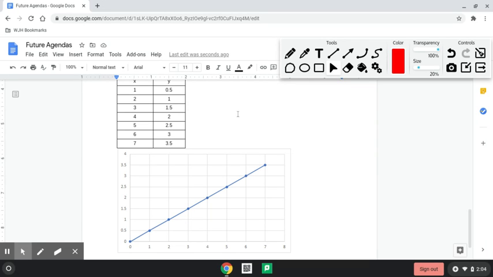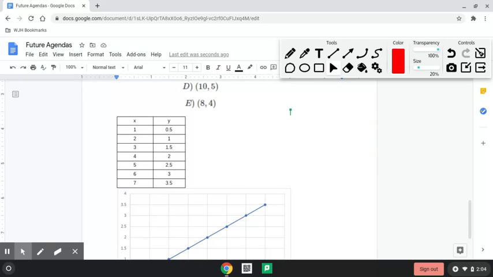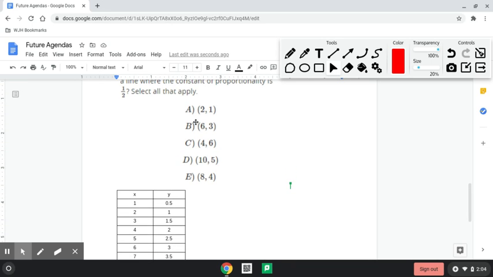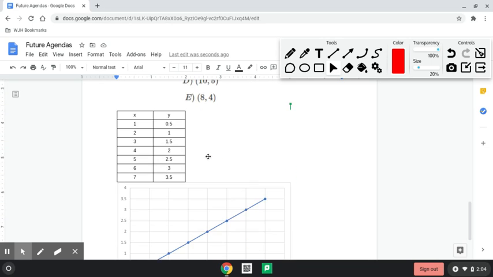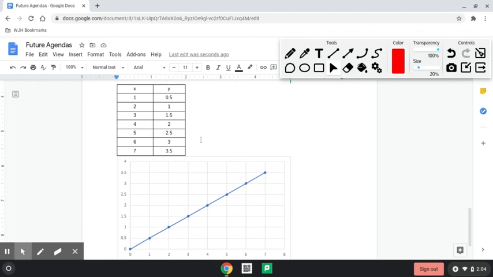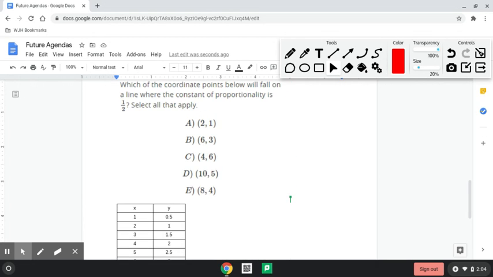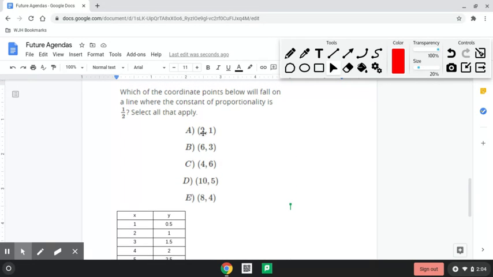So if we think about that, some of these points are actually past where this graph goes because it only goes up to 7. So you have to look at some of the ones that are easier first.